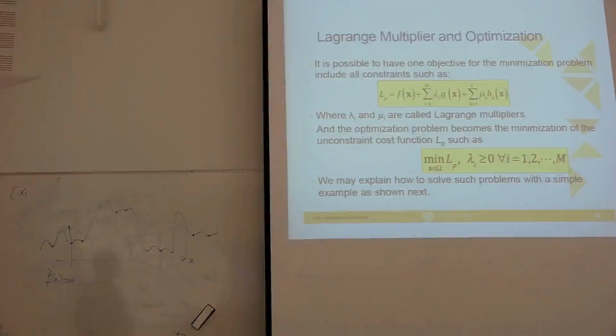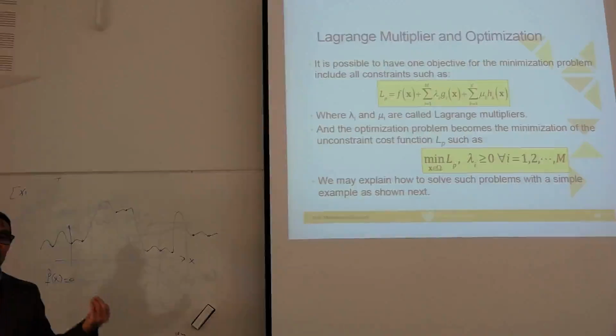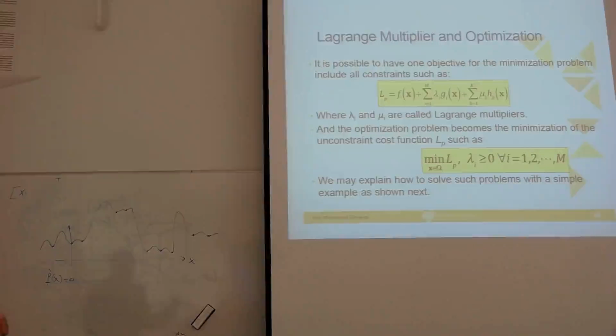Remember that this g_i of x should be less than or equal to 0, and this lambda_i should be greater than or equal to 0. When we solve this, if we find that the Lagrange multiplier lambda was less than 0, then that inequality constraint is not active. It means that we can put lambda equal to 0, that is, we remove that inequality constraint, and we can get an even better result.